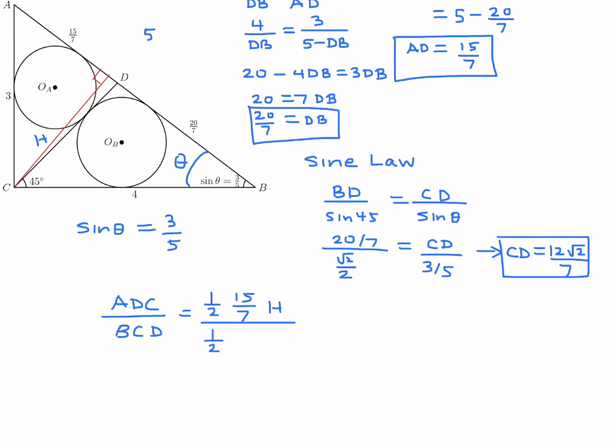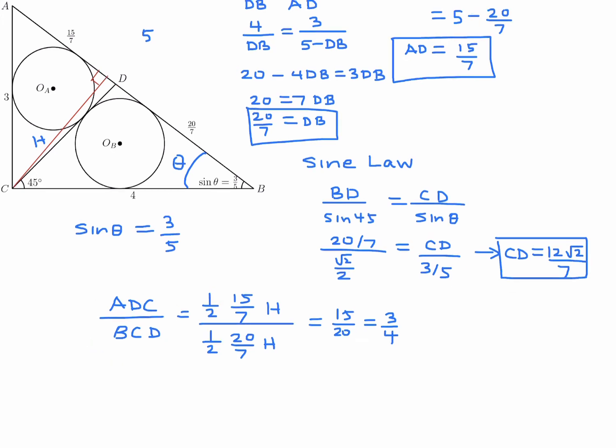BCD, again, 1/2 base times height. The base is BD, which I just figured out was 20 over 7. And the height of that is the same, h. As you can see, clearly the h's cancel, and all you get left with is 15 over 20, which is 3 over 4. So the ratio of the area of ADC to BCD is 3 over 4.